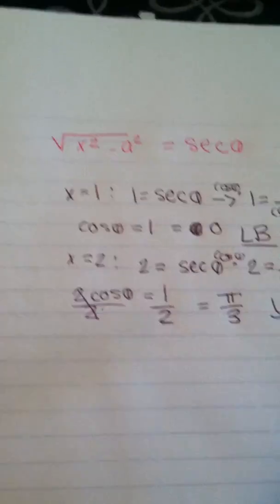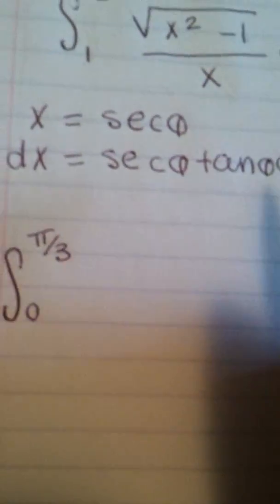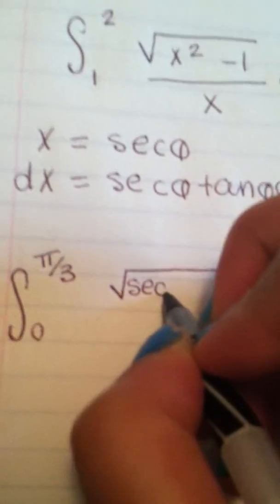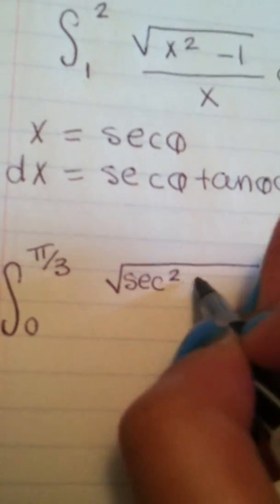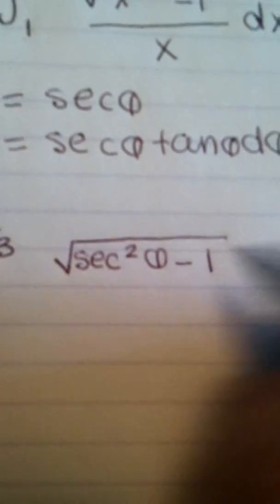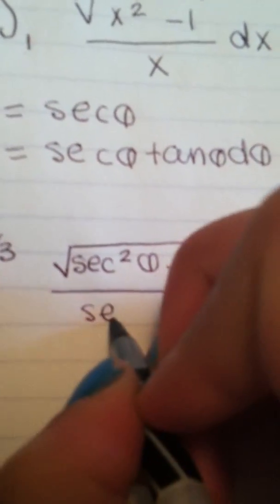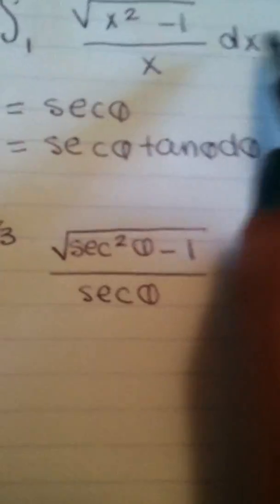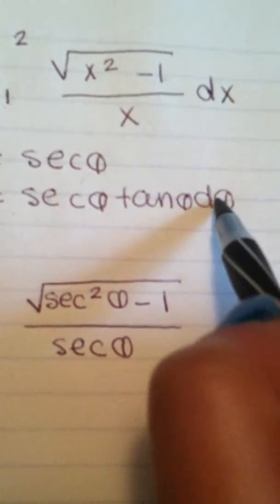So using all this information, we now get the integral from 0 to pi over 3, and plugging in secant theta for x, we get the square root of secant squared theta minus 1 over secant theta, and then dx is now secant theta tangent theta d theta.